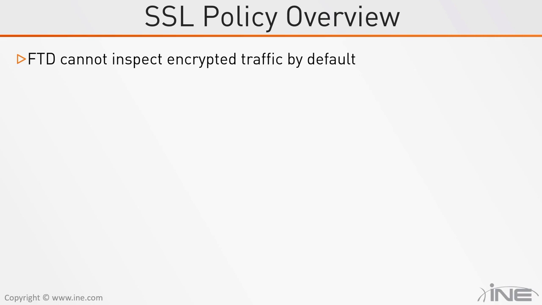And there might be cases where we will want to do the inspection on encrypted communication to see what is inside, to use our, let's say, advanced malware protection engines, to use file inspection in general, to make some additional checks on the communication before we allow the packets to go through the device.